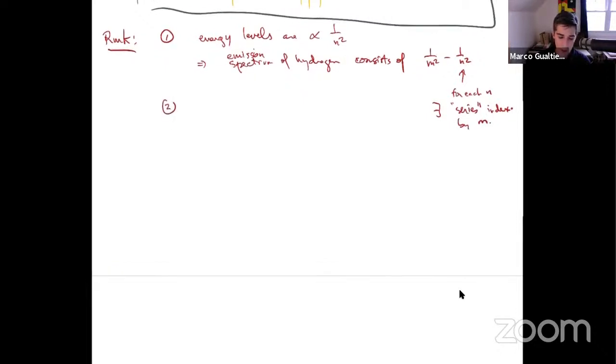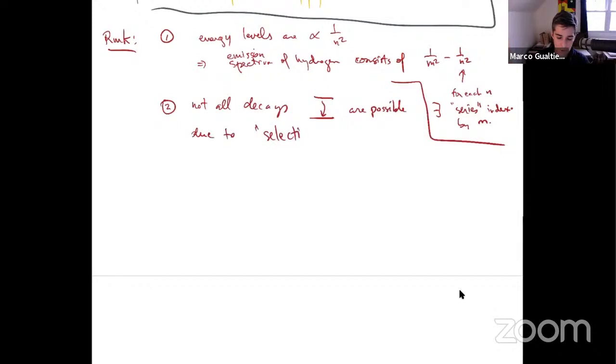Number 2, not all decays are possible, due to what are called selection rules. And this is one of the great successes of representation theory.